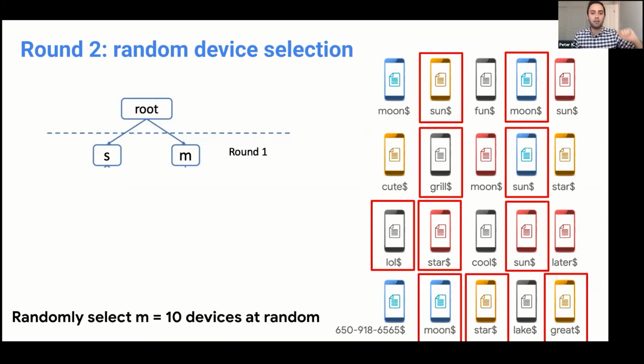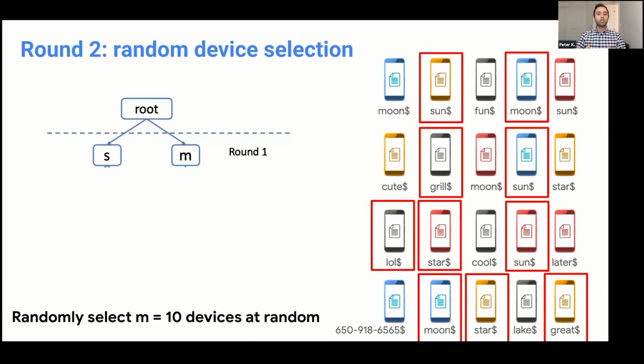But here's the caveat that's very important for privacy. Any device that has a word that starts with a character that has not been learned by the server remains silent. So if you have a word such as LOL or great in this example, and you're selected, those words don't start with an S or an M, so you're not going to send back any update.